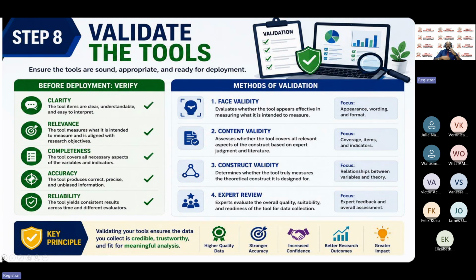So that's why you should have a good understanding of what kind of data is going to be shared by these devices and how we can process this data. So it will help us to work on the coverage, the items we are focusing on, the relationship between the variables, and it will give you expert feedback.